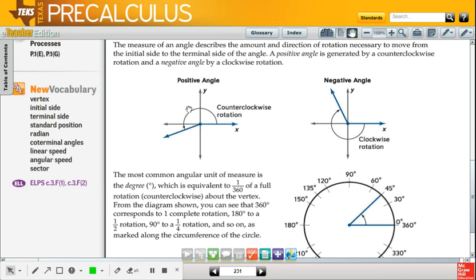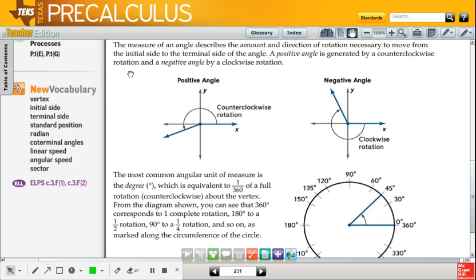The measure of an angle describes the amount and direction of rotation necessary to move from the initial side to the terminal side of the angle. This is where we have to specify between a positive angle and a negative angle. A positive angle, which you should highlight or underline, is generated by a counterclockwise rotation.